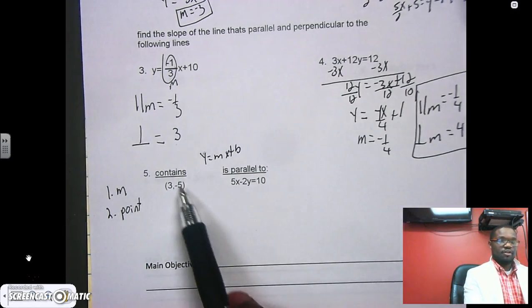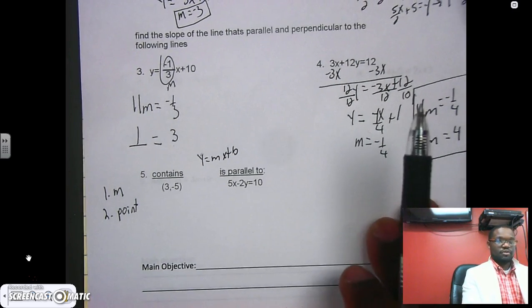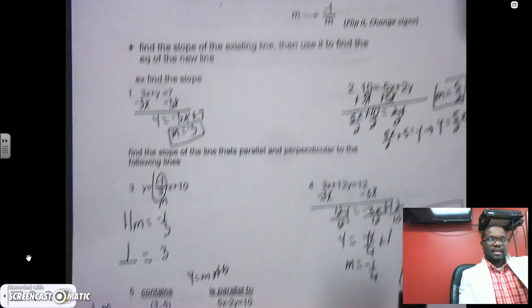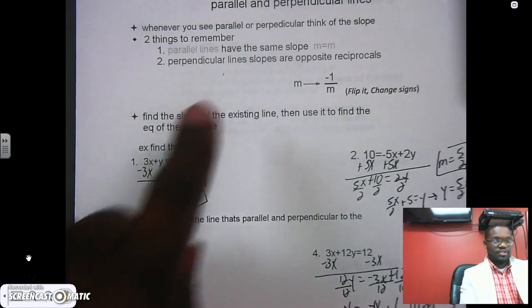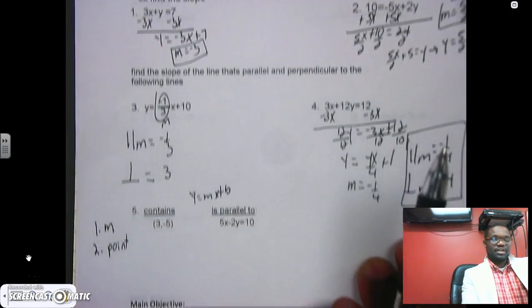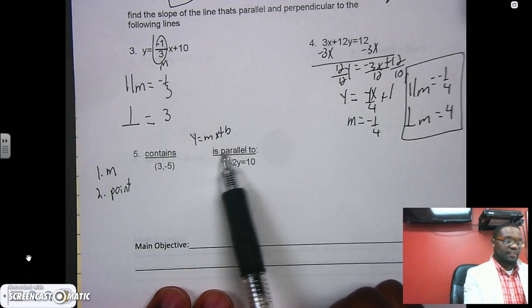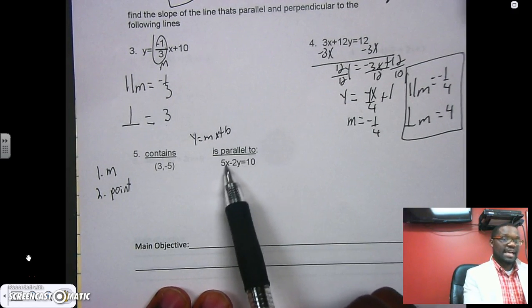Notice here I already have a point, and they say it's parallel to this equation. Remember earlier I said that whenever you see parallel and perpendicular, think of the slope. In other words, they're basically trying to tell you the slope of this line. If they say parallel, you use the exact same slope that you see here.